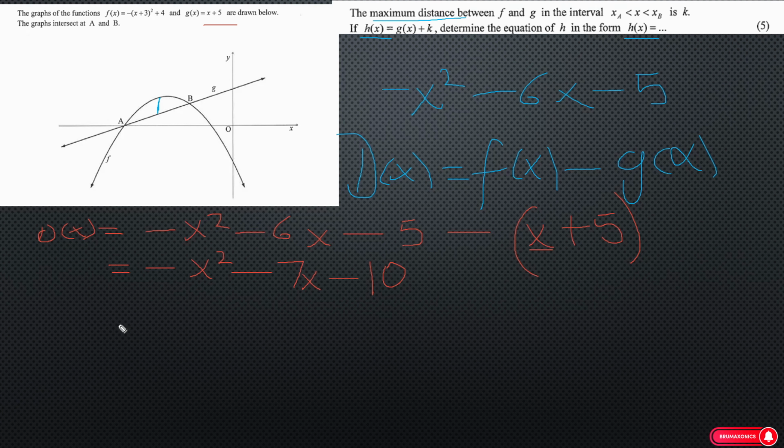And the first derivative of this equation will give us a max, and that max will be at what? 2 times x, this will definitely be negative 2x, right? And then a constant will always be 0 when we're deriving an equation. Minus 7, this will be 1 times 7, which is negative 7, and then minus 1 will give us 0.